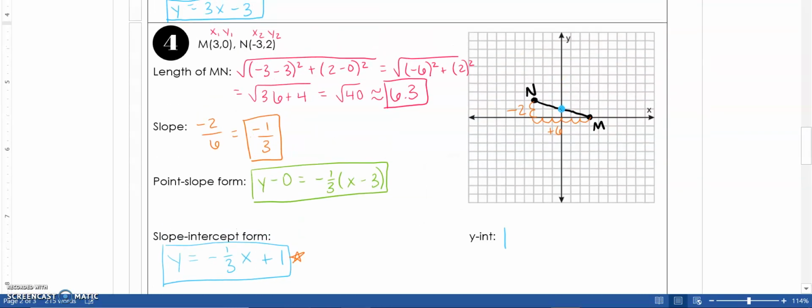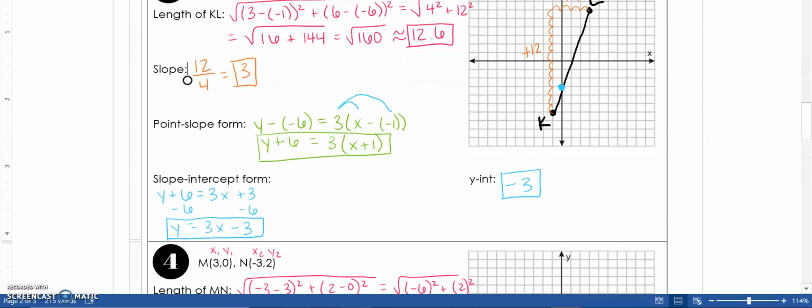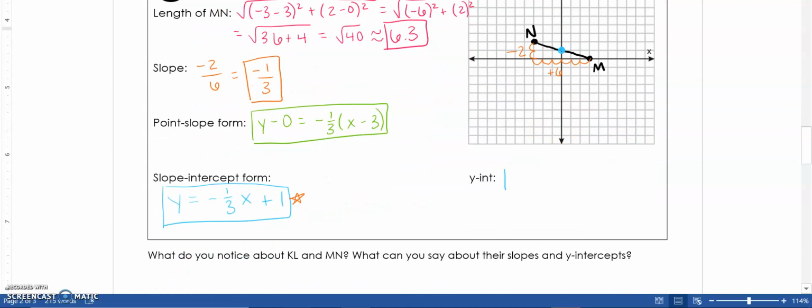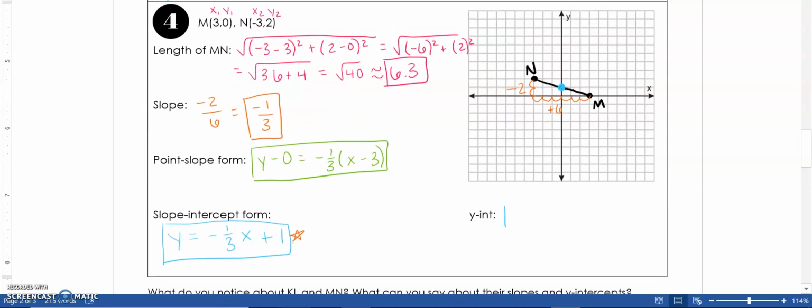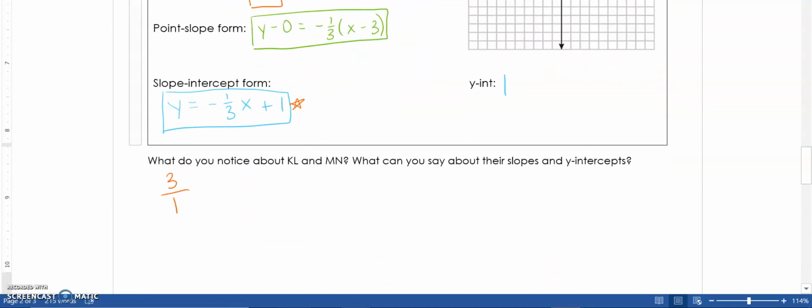So for number 3, we had that our slope was a +3, or in other words, we can write that as a 3/1. And then our slope in the number 4 was -1/3. If you notice something, these two are almost the same, but they're not.